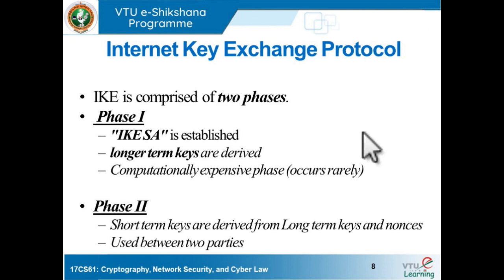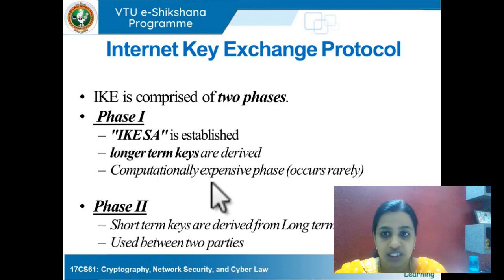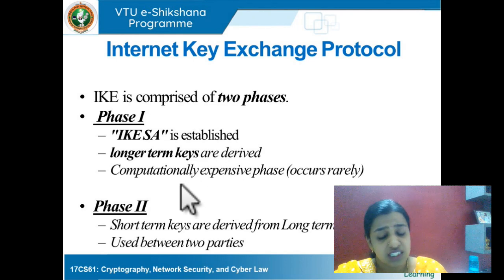Now in phase 1, a security association is established, and also the long-term keys are derived, and since the derivation of long-term keys is computationally exhausting, this phase 1 is very computationally expensive as compared to that of phase 2.